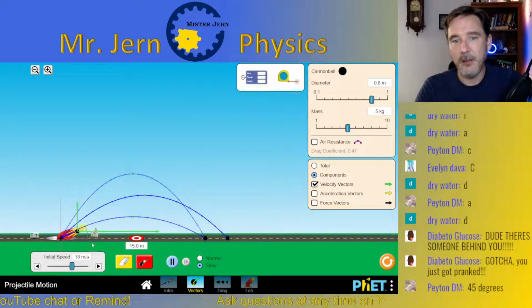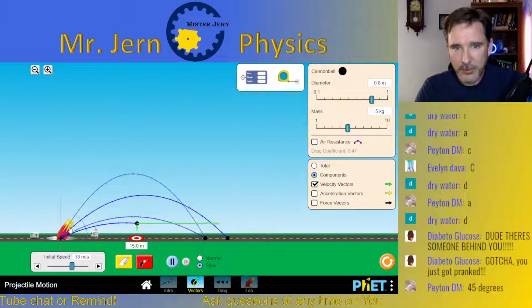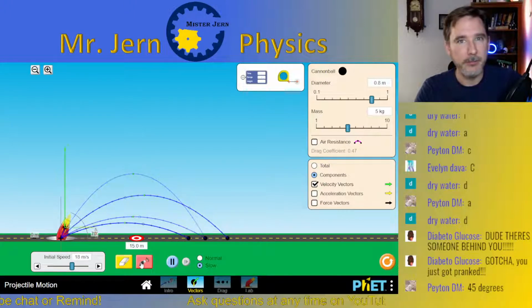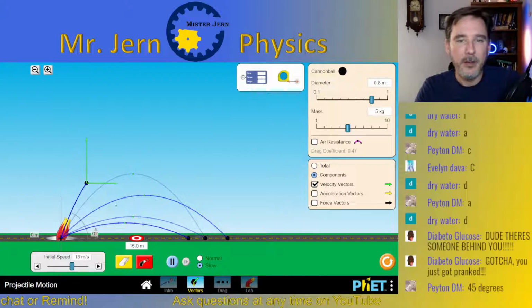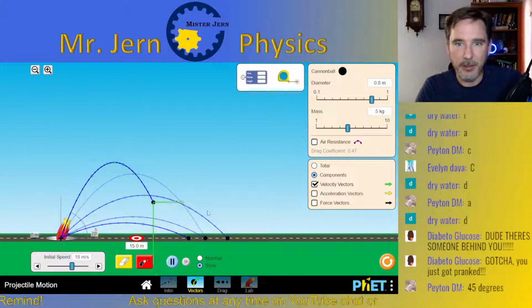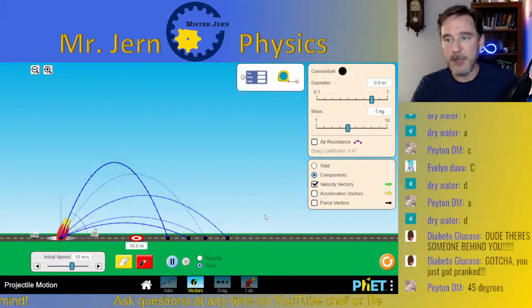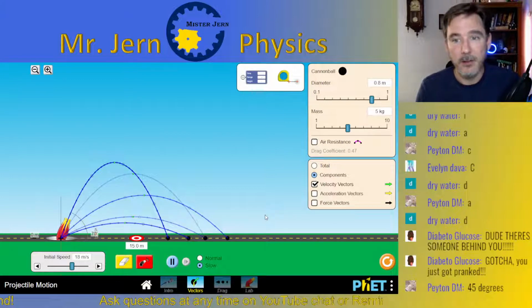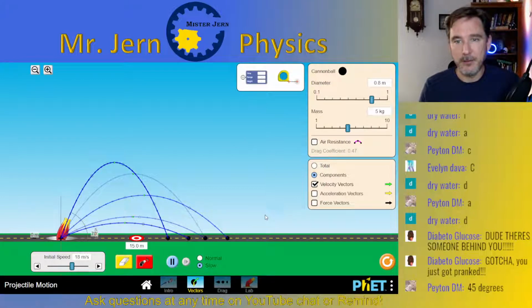So when you see that pattern, you're just seeing all the different combinations of vertical and horizontal. It could get really high but not go very fast. So anyway, the answer is 45 degrees. All right, so that is the answer, 45 degrees.